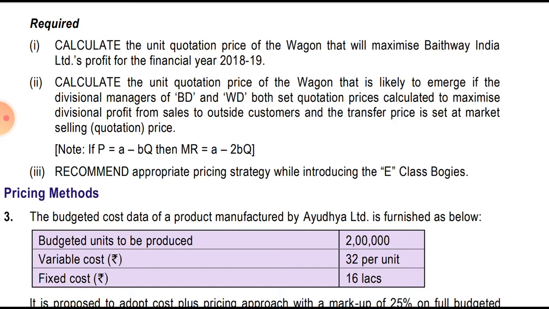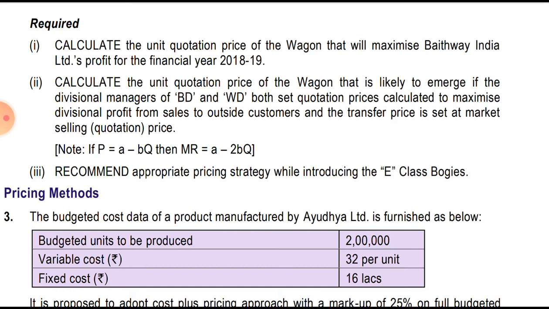In the earlier part we calculated marginal cost MC by taking the marginal cost of BD, but now they have said if they keep the transfer pricing as market price, what will be the cost of WD?